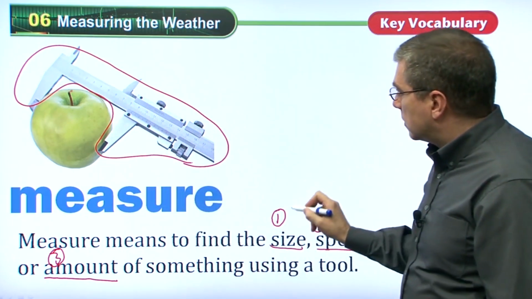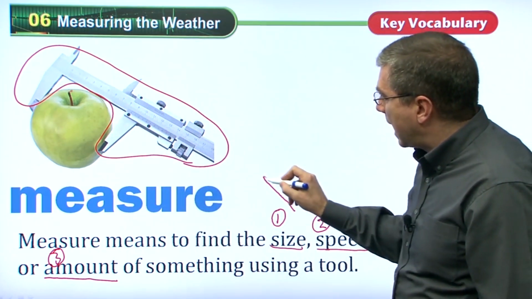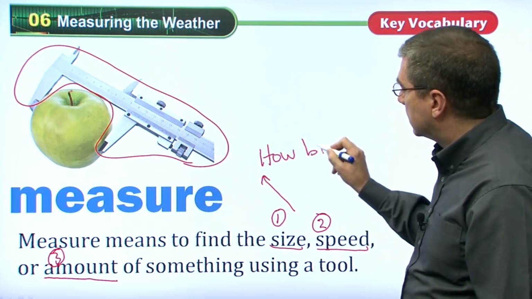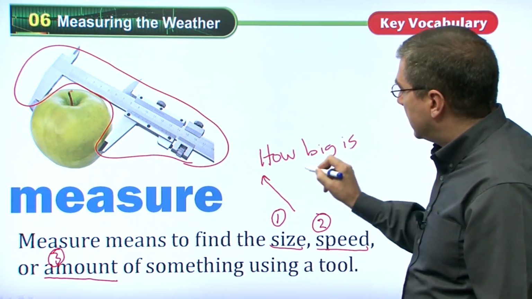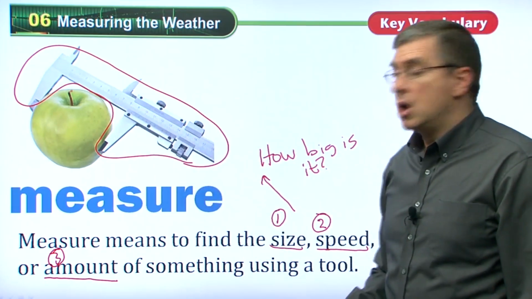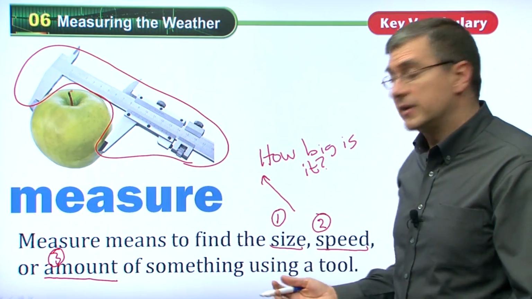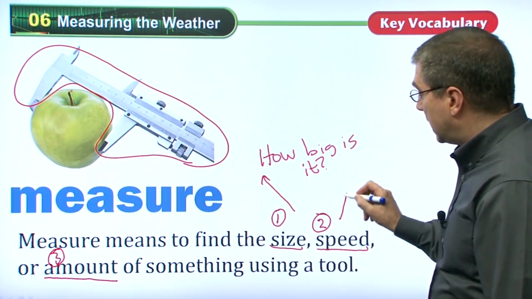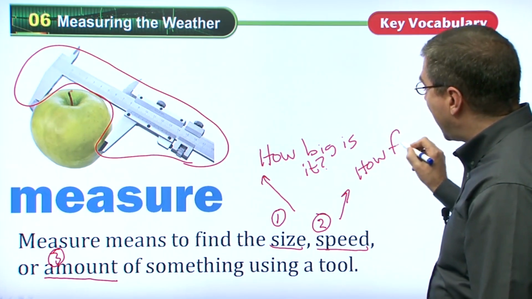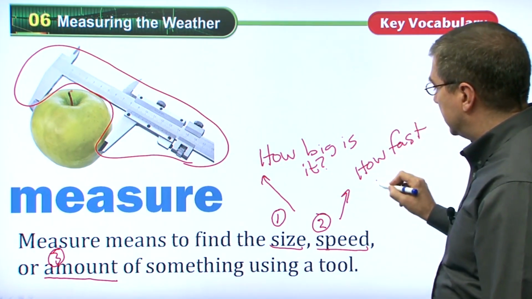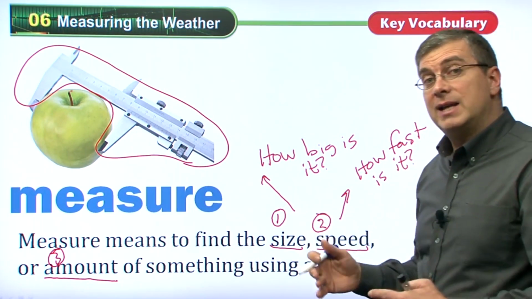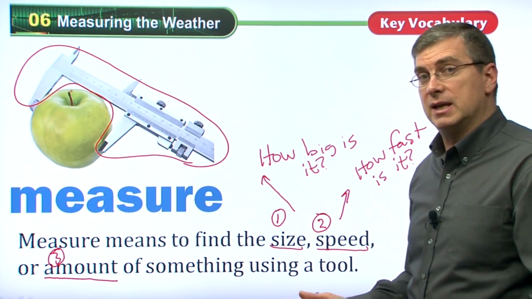When we talk about size, we can answer the question, how big is it? How big is this apple? We're talking about the size. Speed, in this case, we're talking about how fast is it? So we use a different tool to find out how fast something is.